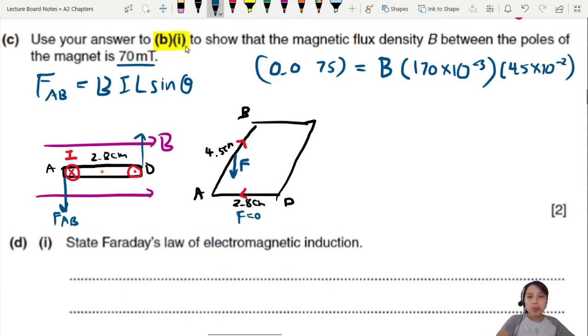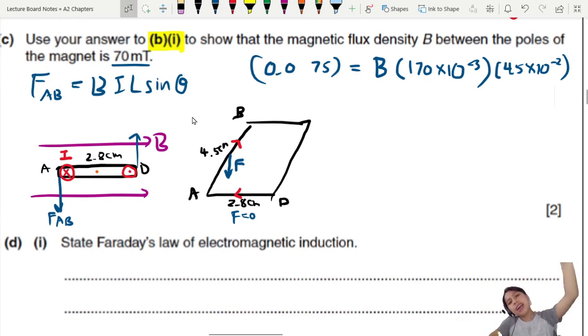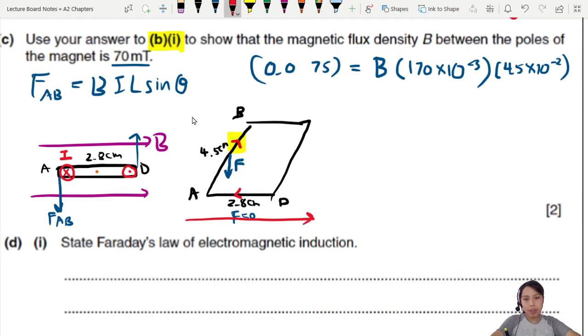Theta, need to put or not? What is theta again? Theta is the angle between the current, which is this current, and the magnetic field, which is in this direction. So it's perpendicular, 90 degrees, so we don't have to worry about that. Or you can tell that from here, into the page and then to the right, perpendicular, so no sine theta. Now you calculate your B.